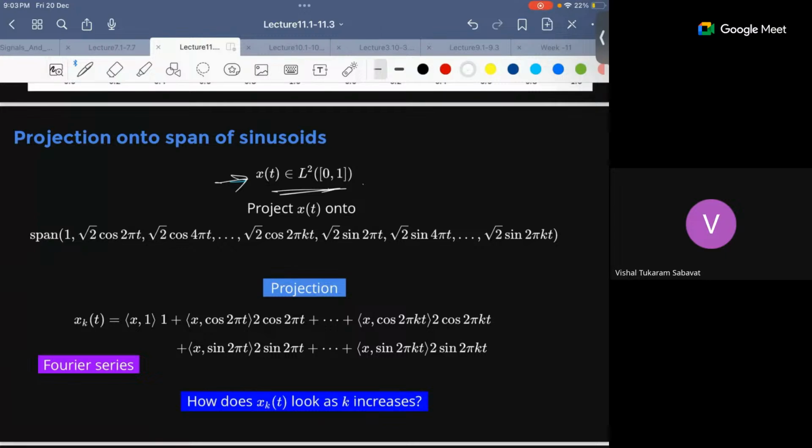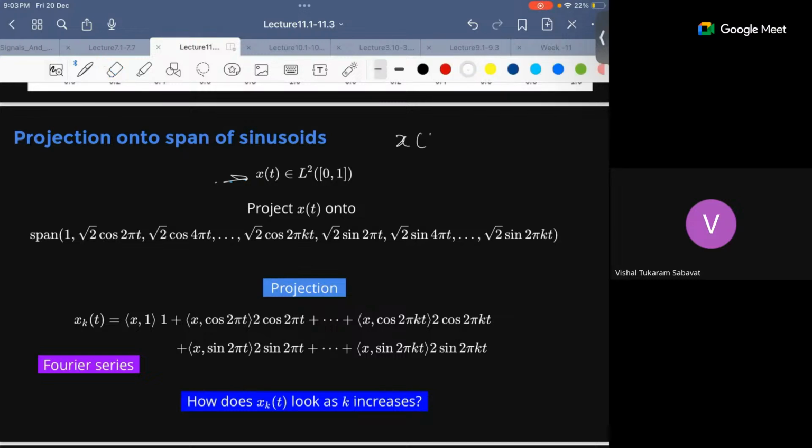Now you have to tell how the combination, the span of these sinusoidal functions that have been given to you, 1, root 2 cos 2 pi t, and so on, approximates this function x(t) belonging to L2 of 0 to 1. So the same method you'll be using.